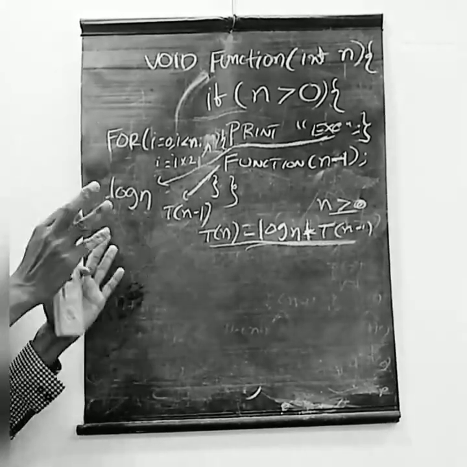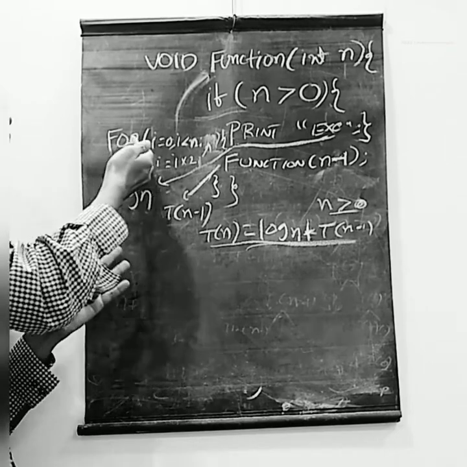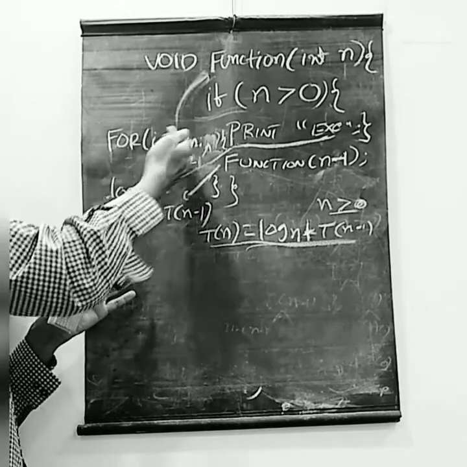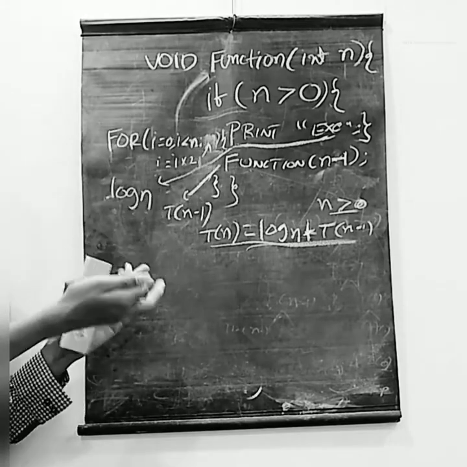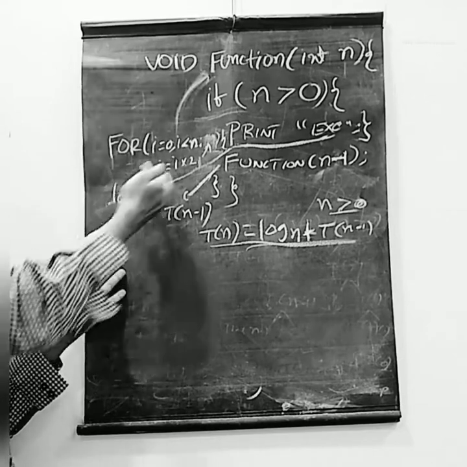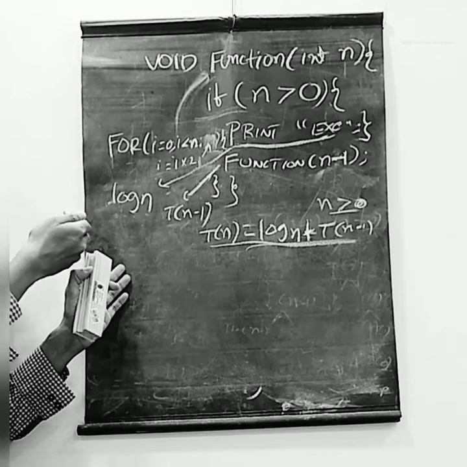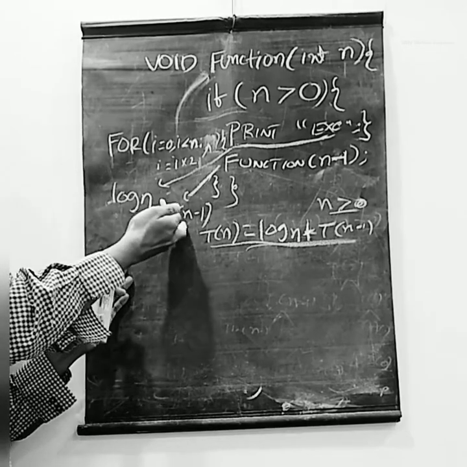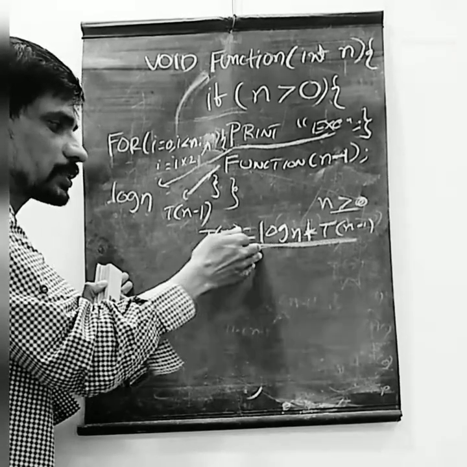Up to this, everyone is clear, right? There is no complexity, because we know how to calculate the complexity of this for loop. We discussed this in our earlier classes: it requires log n amount of time, and we already know t of n minus 1.